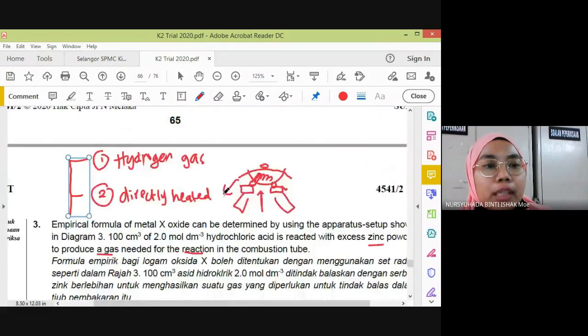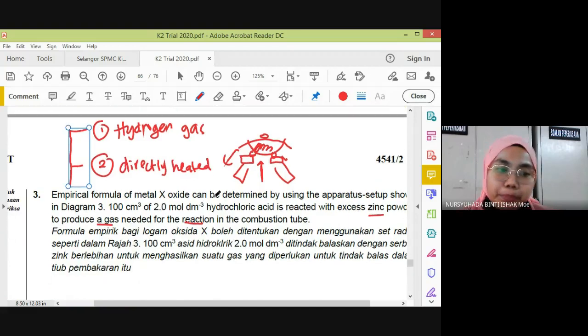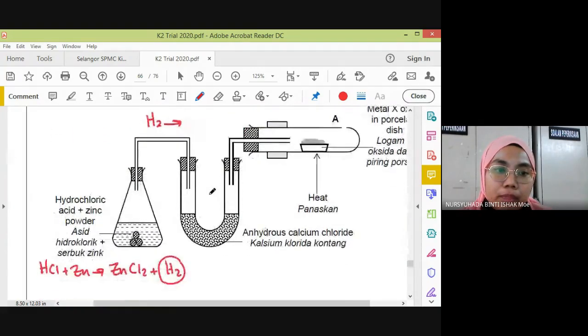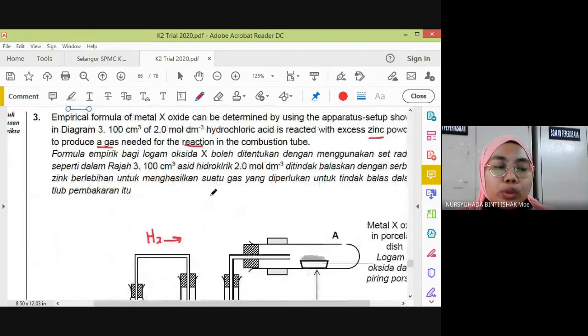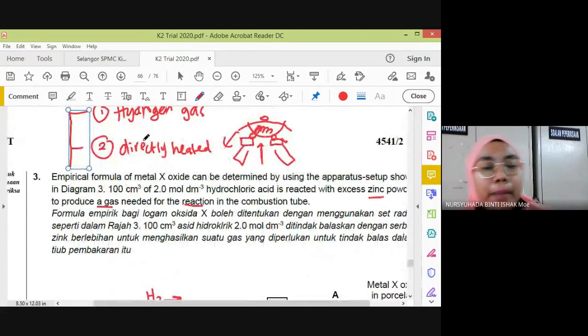Okay, satu lagi soalan. Macam mana kamu nak tahu, this metal using hydrogen gas, this metal using crucible like this? So how to differentiate it? Based on what? How you all know that this metal nak dapat empirical formula using hydrogen gas, this metal using directly heated?